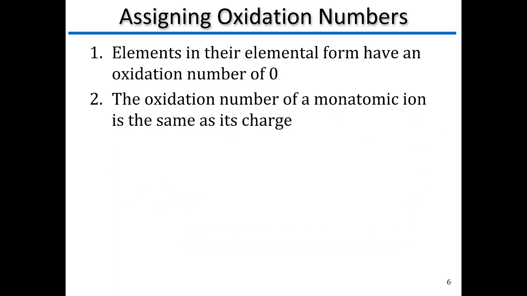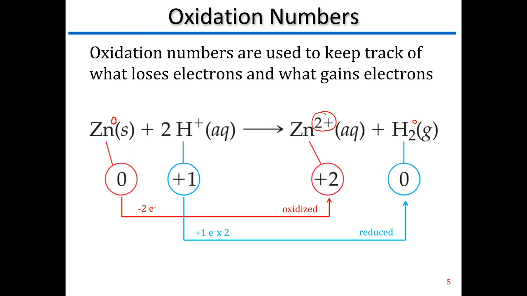So here are some rules for assigning oxidation numbers. I did that kind of quickly, but now let's break down the rules. The first thing is elements in their elemental form have an oxidation number of 0. What do we mean by that? Going back to our example, we have zinc, which is a solid, and it's just the way you would find it on the periodic table.